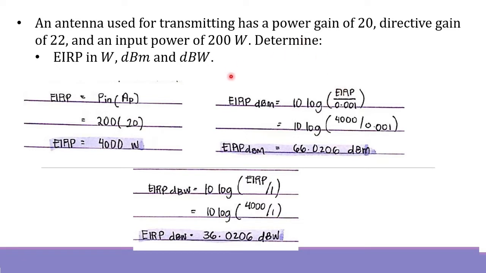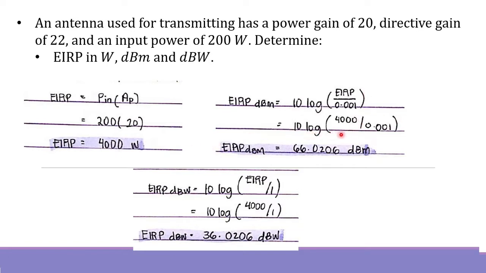Next, we will be converting the value of EIRP to dBm, which we have this formula. We must multiply 10 log EIRP over 0.001. So on our solution, we will substitute EIRP as 4,000 to this one.